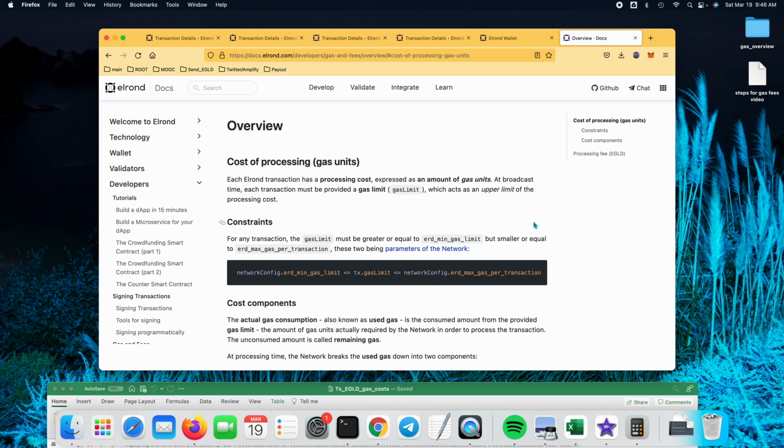Each Elrond transaction has a processing cost expressed as an amount of gas units, and each transaction must provide a gas limit, which acts as an upper limit that you're willing to pay in gas fees.